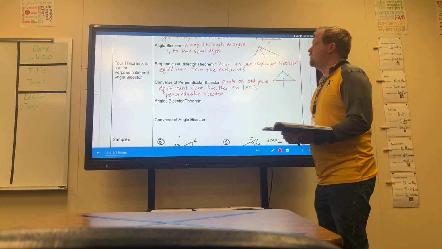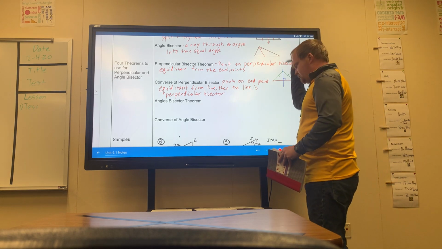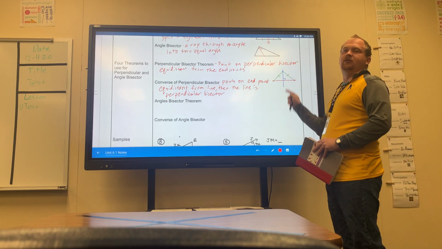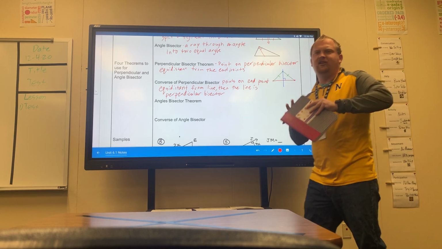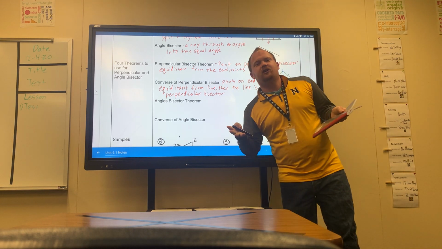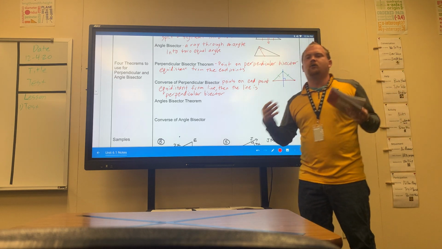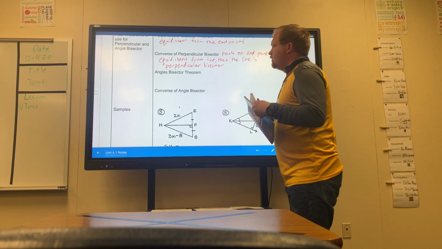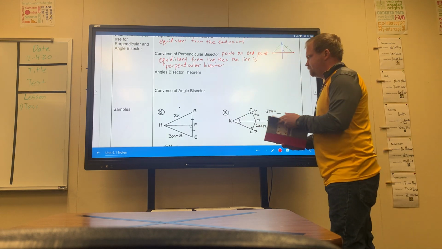That's the biggest key. If I know that this is equal distance, then it's a perpendicular bisector. So basically, it works both ways, is initially what I'm trying to say. It works both ways.